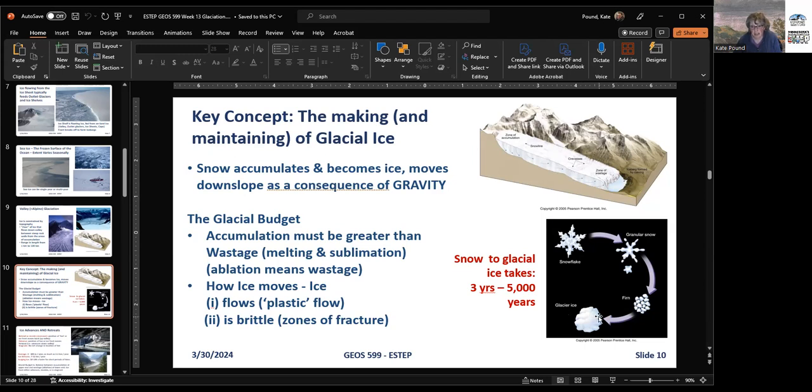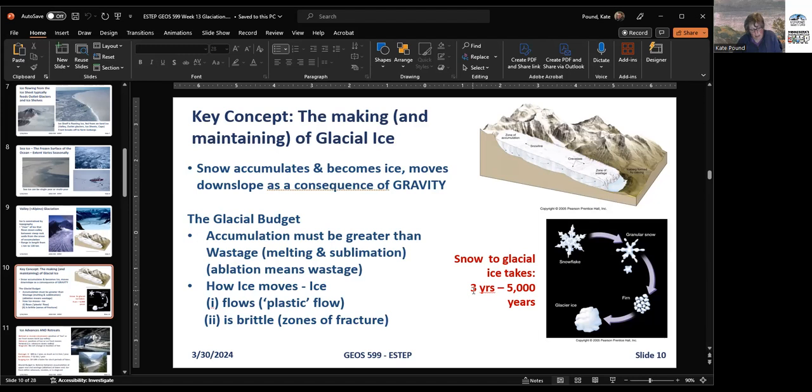How long does that take? Well, anywhere from 3 years to 5,000 years. You may wonder, why so long? And where do we see these differences? Well, it actually turns out that in areas where there's more melting and more rainfall on a glacier is where that happens more quickly.